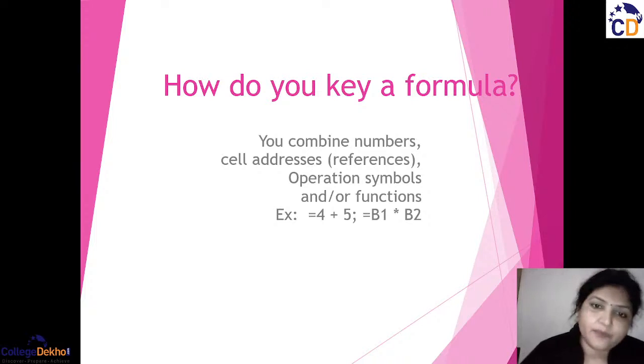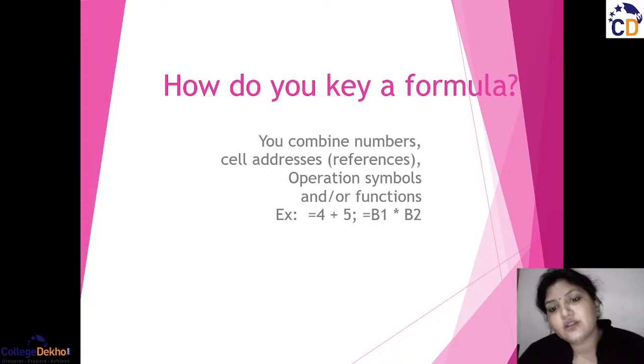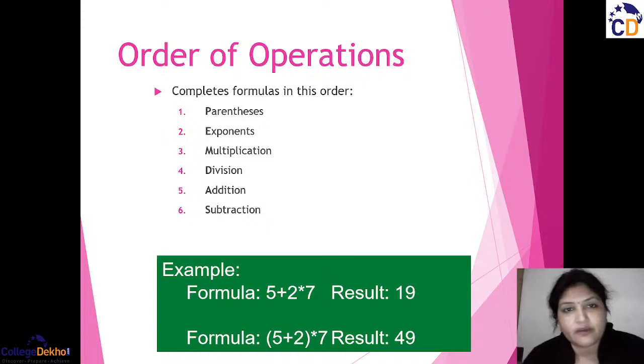You can directly manipulate values by putting in different operation symbols, or you may use the operation symbols with the addresses also. But before that you need to put an equal to sign, so that the software understands that this cell contains a formula.